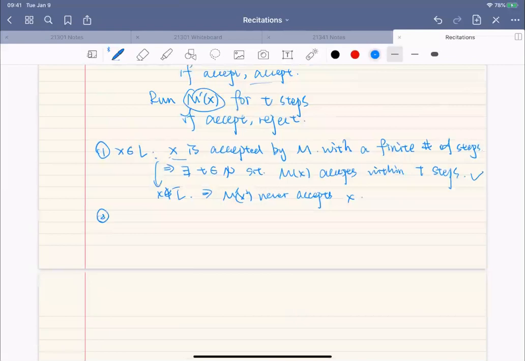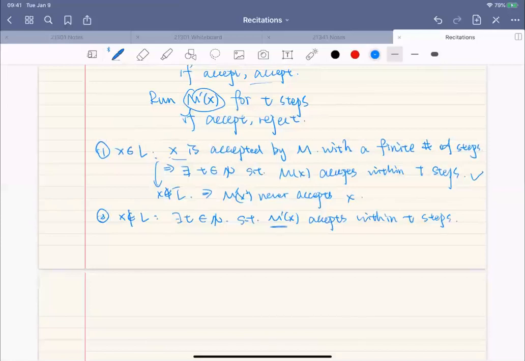On the other hand, if X is not in L, then similarly we know that there exists some t in the natural numbers such that M prime on X accepts within t steps, because M prime recognizes L complement, and when X is in L complement, it will terminate and not loop forever.